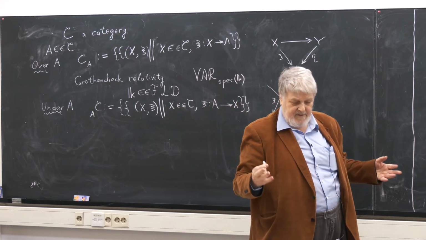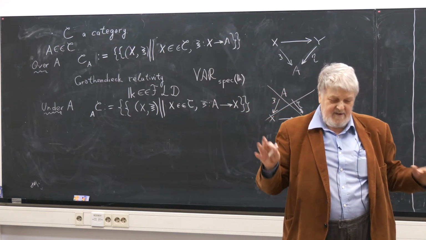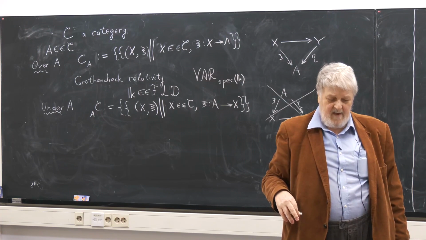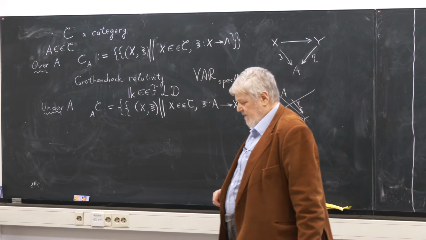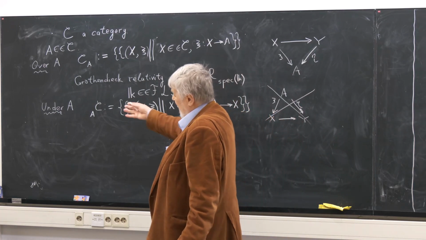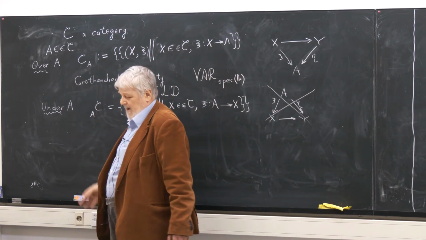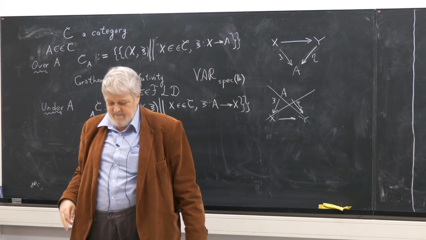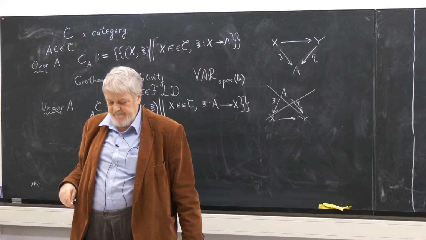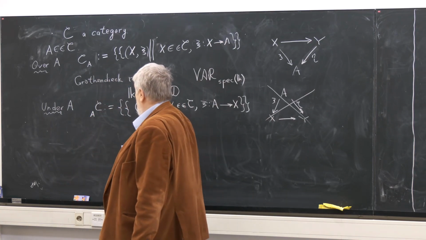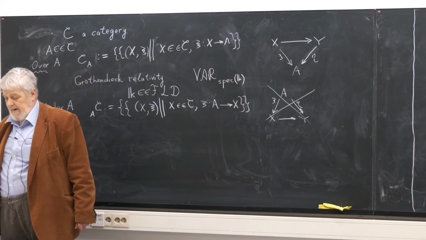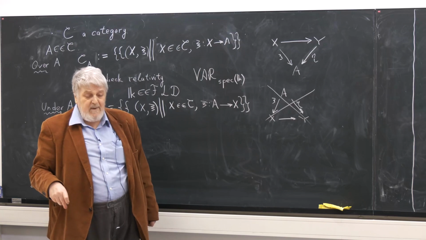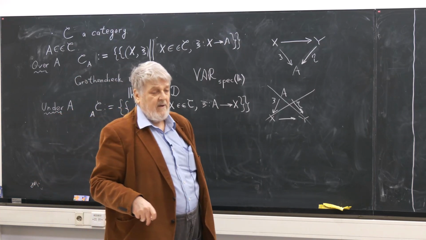So the word "under" is something conventional, and well, it is not a traditional one. I just don't know how to name something dual to "over". However, again, I want to give quite a meaningful example.